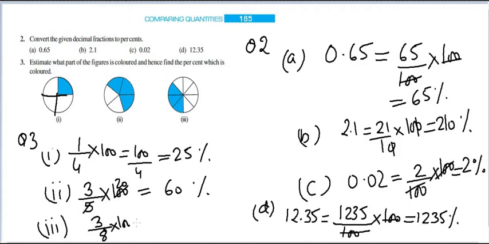Again into 100, or we write it as 300 upon 8. 8 threes are 24, 60, 8 sevens are 56, 4, 8 fives are 40, so 37.5%. So in this way we can convert the shaded part into percentage.